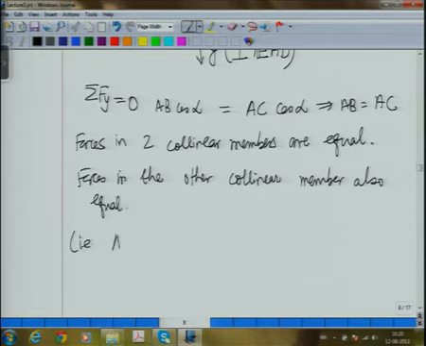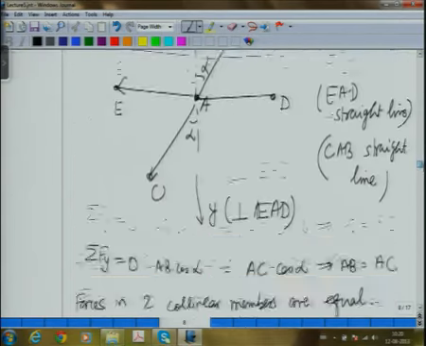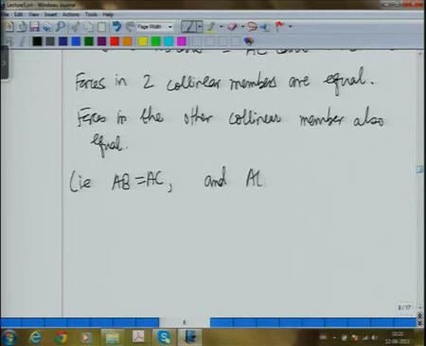That is, AB is equal to AC and AE is equal to AD. It does not tell you that AB is equal to AE. In each collinear pair, they will be same.